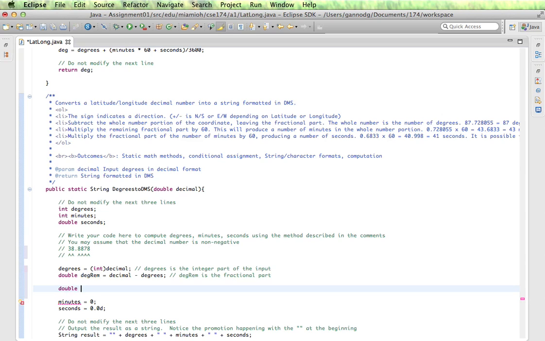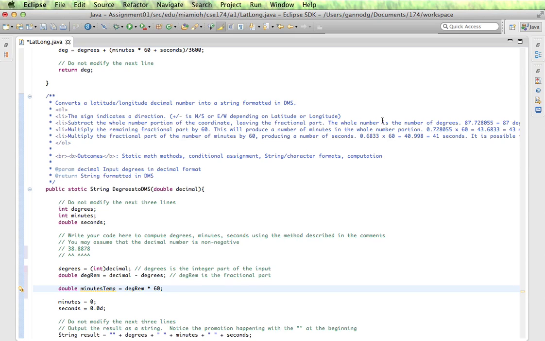I don't actually need to do this, but I'll just go ahead and do it anyway. I want to say this minutes temp is equal to degree remainder times 60. So this is actually pretty close to what I want for the minutes.